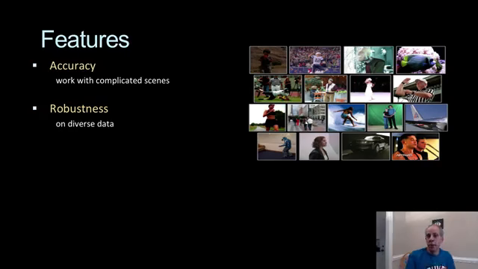Robustness also refers to the fact that not only the image can be changing, but we actually might have a very, very rich variety of data, and we want this algorithm to work as good as possible for all of them. It might work better for some of them, meaning the user might need to be less involved. For some, the user might need to be more involved, but we want this to be a really good algorithm for all of them.